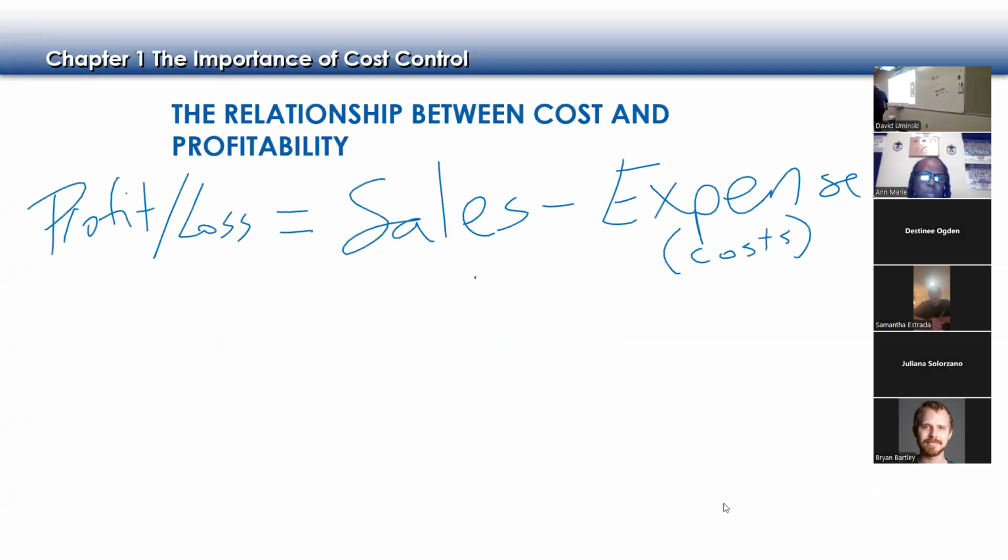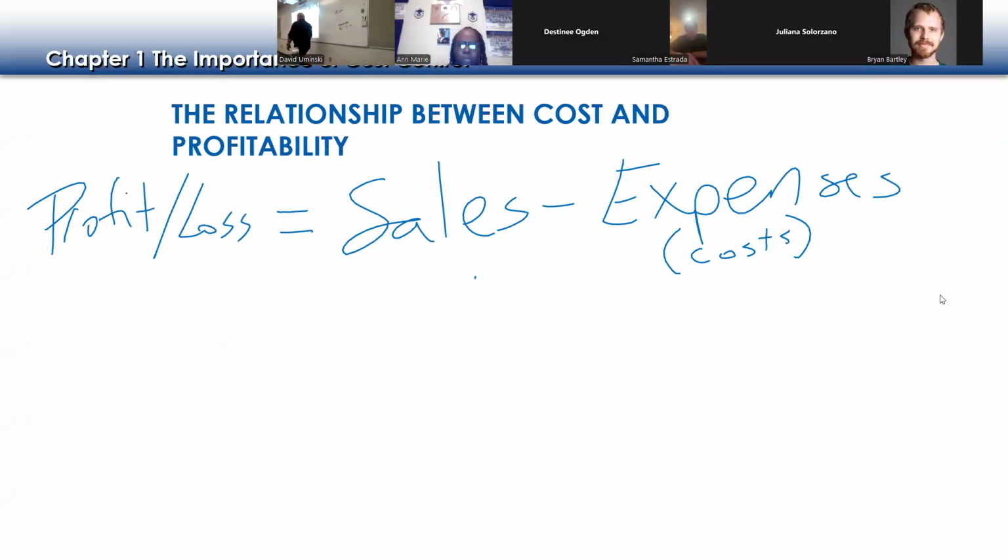So we talked about last class the formula for profit and loss: profit or loss is equal to sales minus expenses, or in other words, our expenses are costs. What is the relationship between cost and the profitability of our organization, of our restaurant?